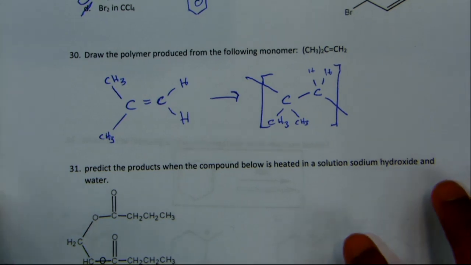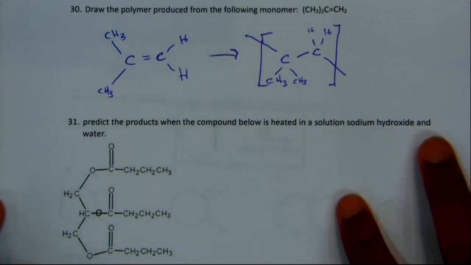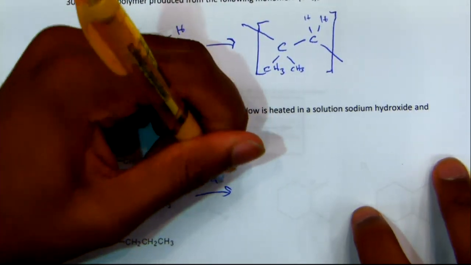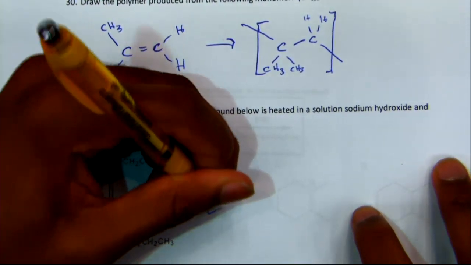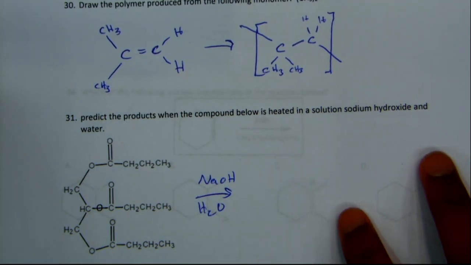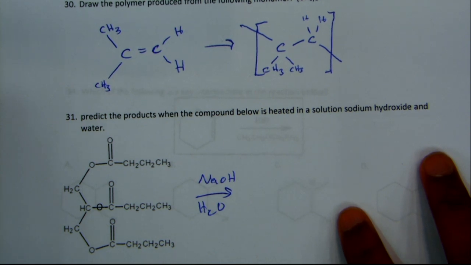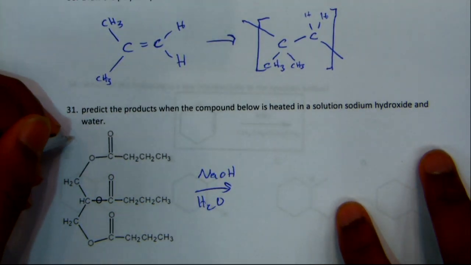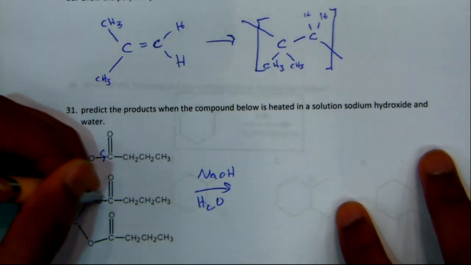I'm sorry. Okay, so we're having sodium hydroxide with water, right? NaOH, which is hydrolysis. When you have a carboxylic acid derivative that goes through hydrolysis, you usually break apart right here.